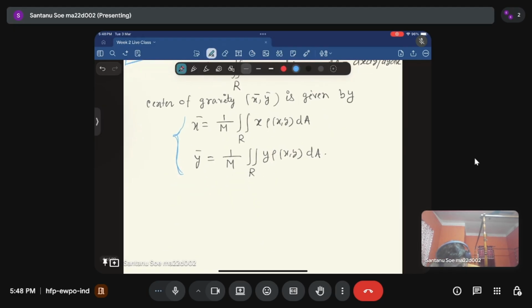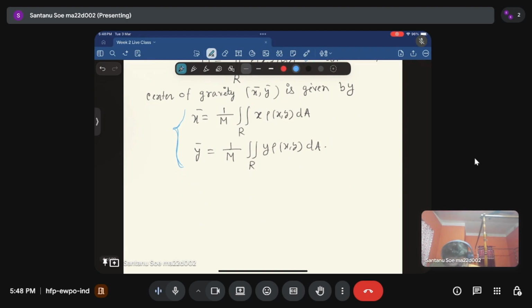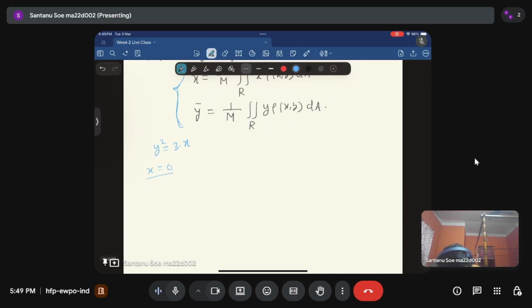Okay, so first let us write the first parabola given by y square equals 3 minus x. If you put x equals 0, this will imply y square equals 3, or in other words y is plus minus root 3.